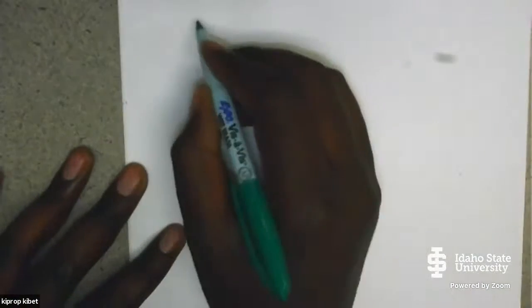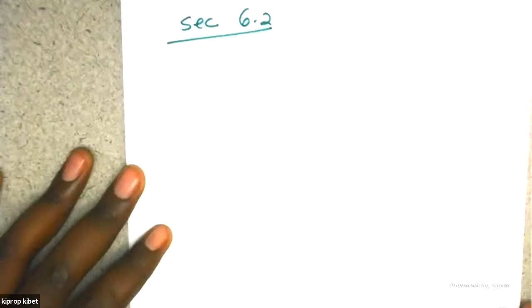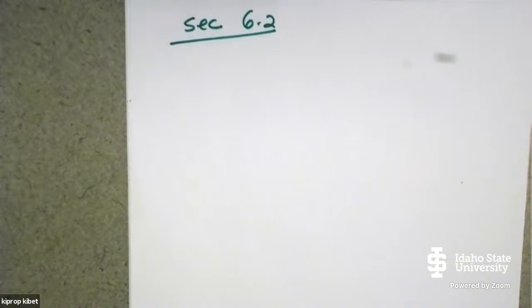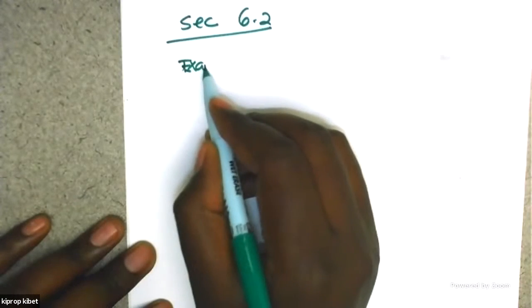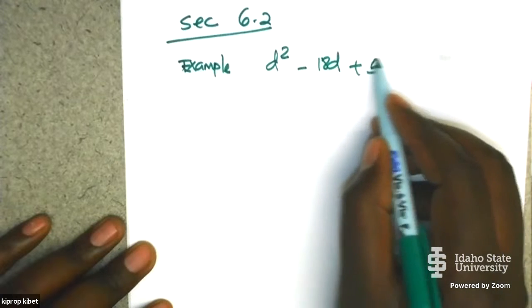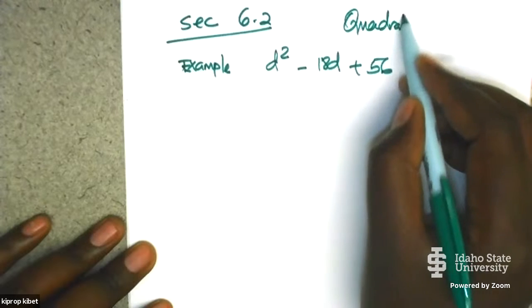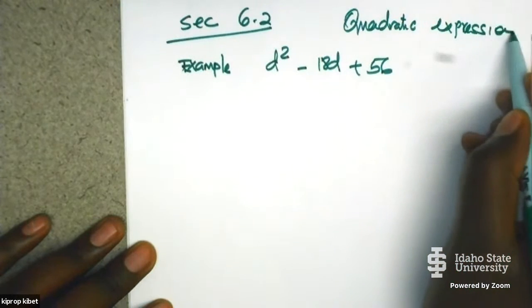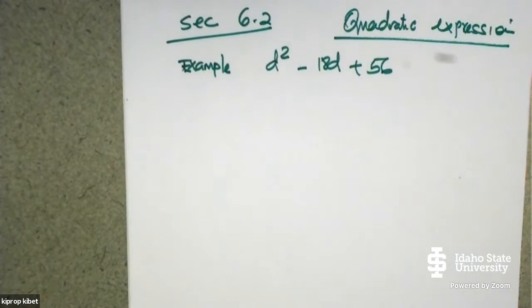Now, this will bring us to section 6.2. If we have an example, d squared minus 18d plus 56, this is actually a quadratic expression.